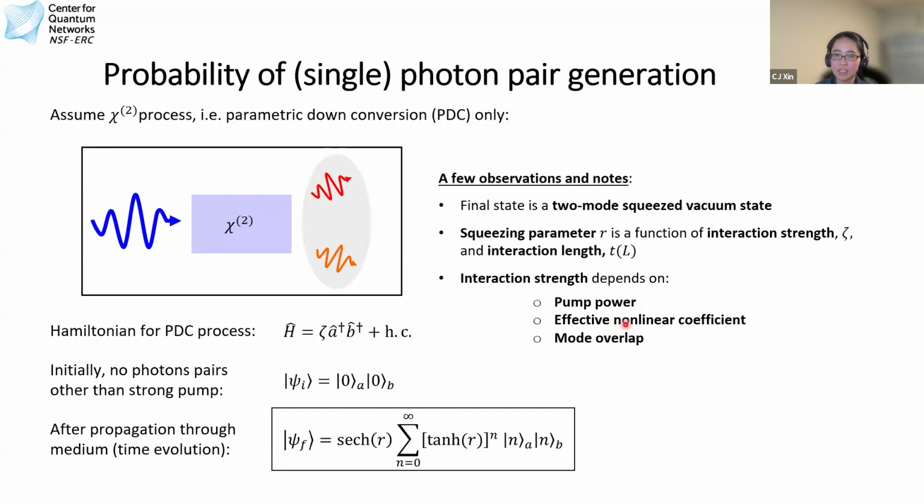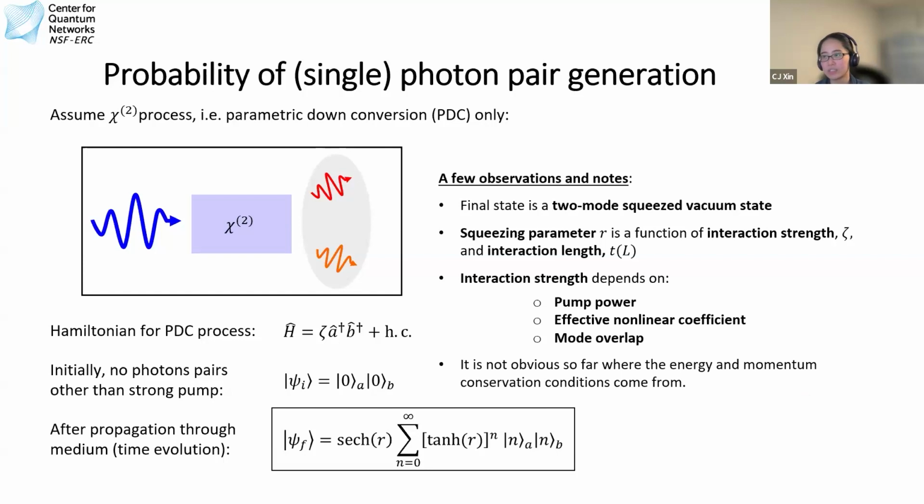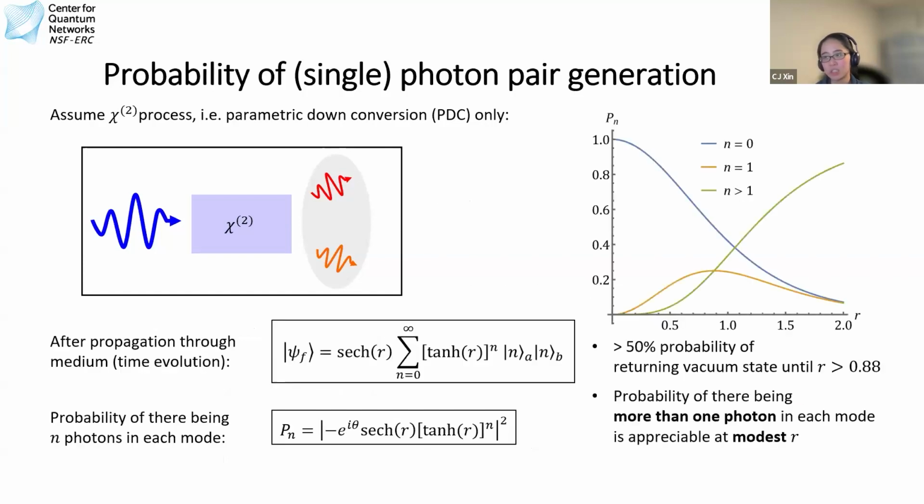So let's say I engineered my mode overlap to be better, or I used a material with higher nonlinear coefficient, actually my optimal pump power would change, because what I need to optimize for is the squeezing, not necessarily the pump power if we can change the other parameters. So that's why it's kind of a trick question, because usually you're working with some kind of fixed nonlinear coefficient and mode overlaps and that kind of thing. So the optimal R just translates to an optimal pump power.